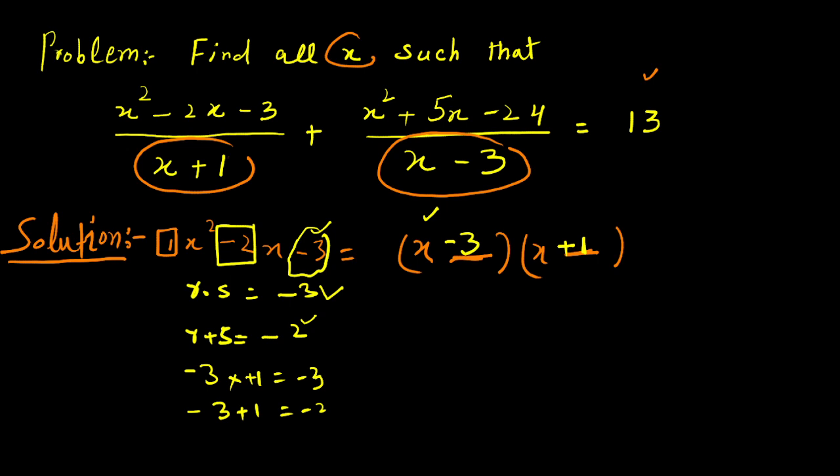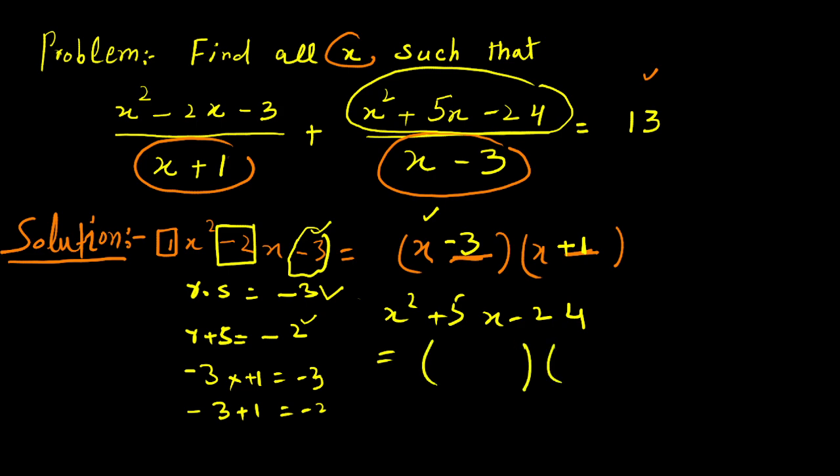All right. Similarly, you can factorize this quadratic, which is x square plus 5x minus 24. So you may think of two binomials whose product is this quadratic.